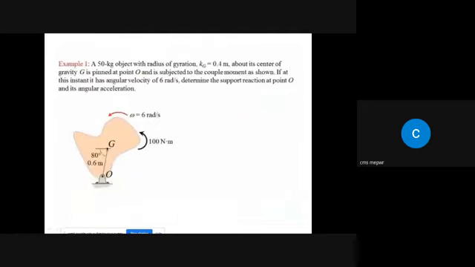Okay, now let's have an example. A 50 kg object with radius of gyration k_G equal to 0.4, so the radius of gyration over here is given, about its center of gravity, is pinned at point O and subjected to a couple moment as shown.